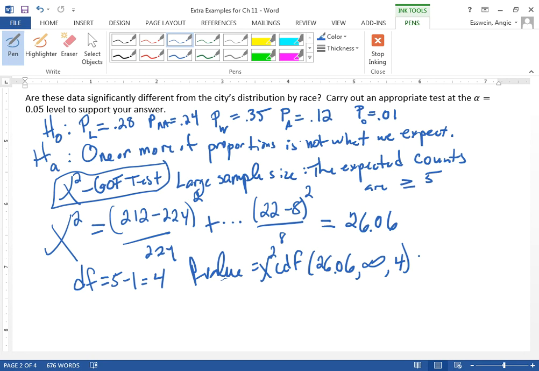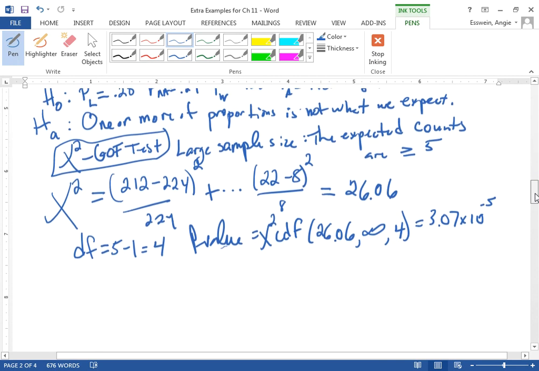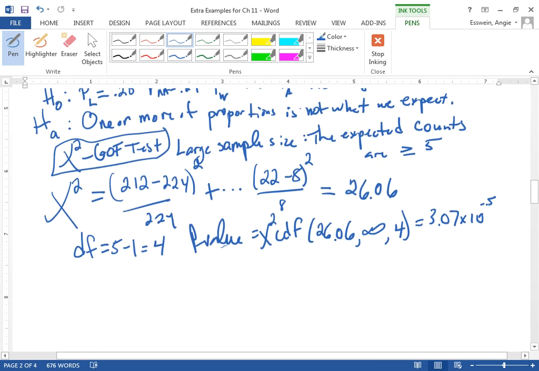Thank you. 3.07 times 10 to the negative 5. So really small. Hopefully no one would think that the p-value is 3 because that's like there's a 300% chance of something happening. So be sure that you notice there's a negative exponent.